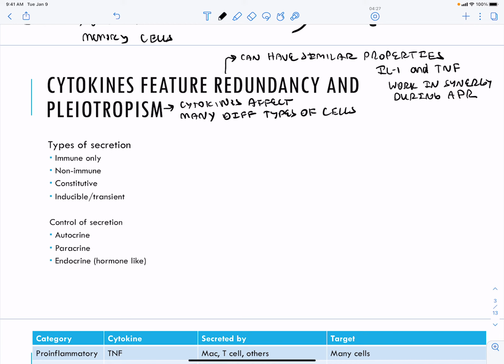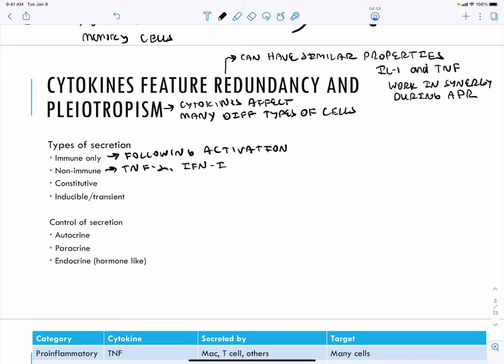Okay, and so we're going to have different types of secretion. So we have immune-only cytokines, and this is typically going to only follow activation. And this is tightly controlled, so only the cells activated will release the cytokines. Non-immune can be cytokines such as TNF-alpha. We have interferon 1, not interferon 2.